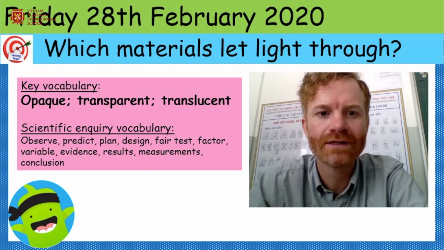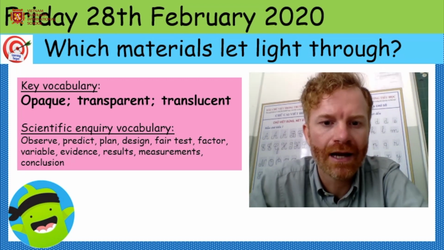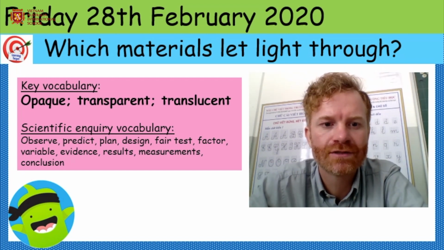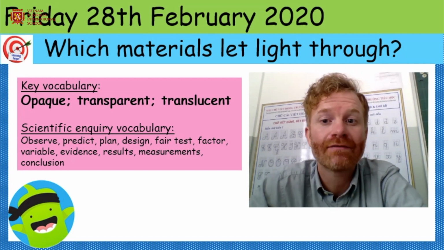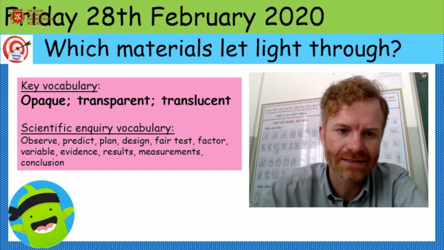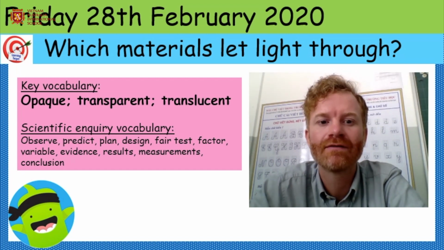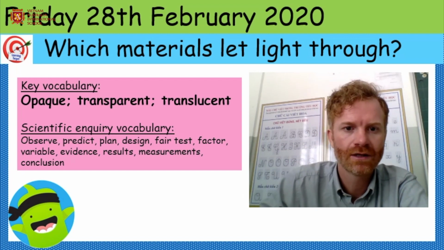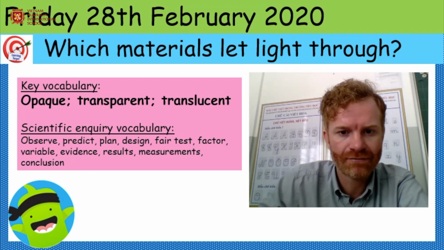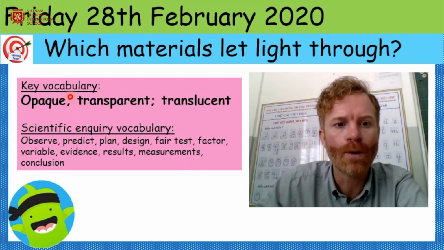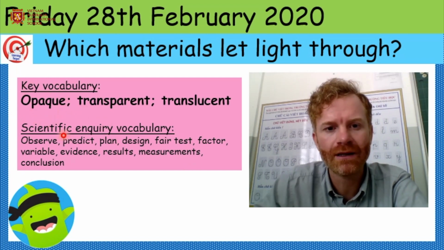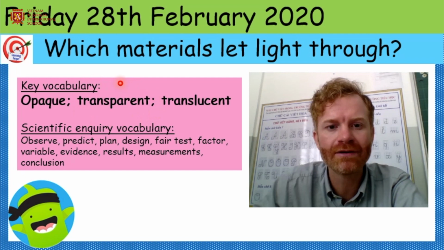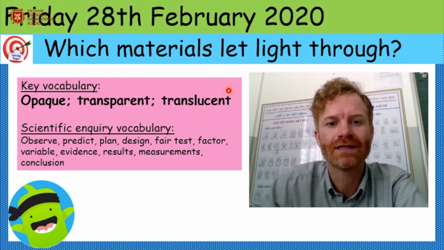It's Friday the 28th of February, and what we're going to do today is have a quick review about what we did yesterday. So yesterday we learned these three slightly complicated words. They're up on the screen there if you can see them. We have the word opaque, we have transparent, we have translucent.